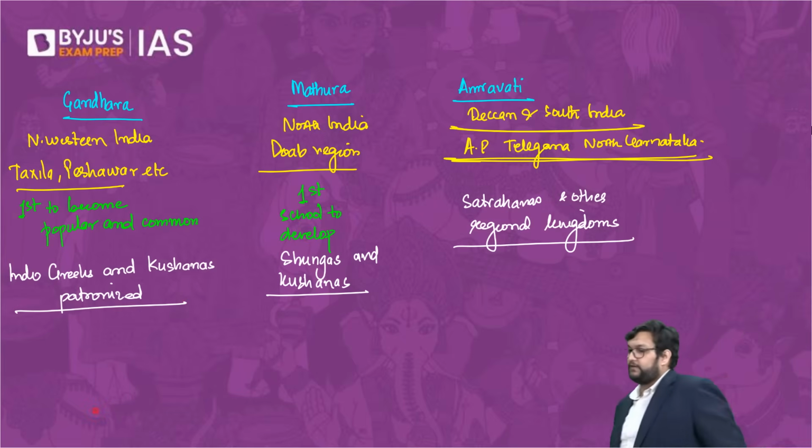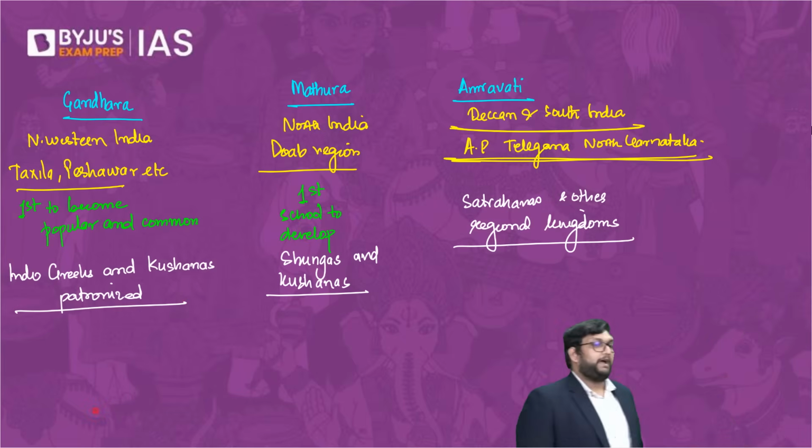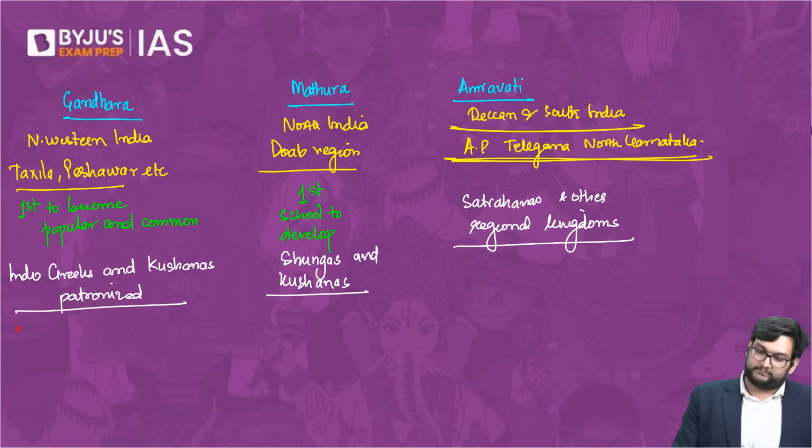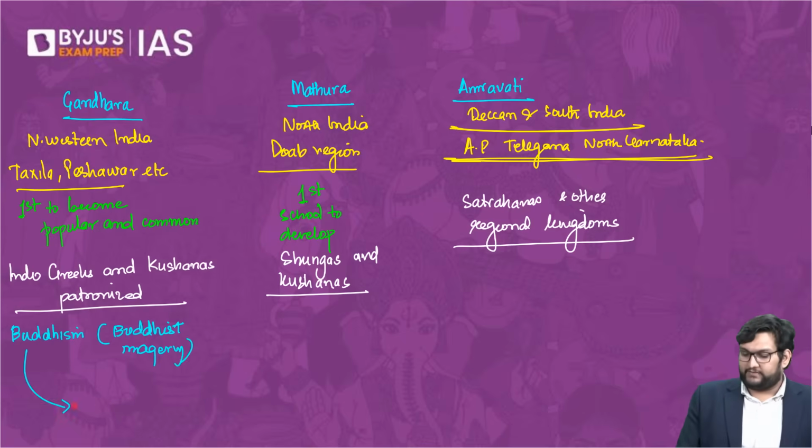Thereafter, you have the concept of Buddhism or Buddhist imagery, and you have Greek and Buddha's images. So Mahayanic Buddhism.